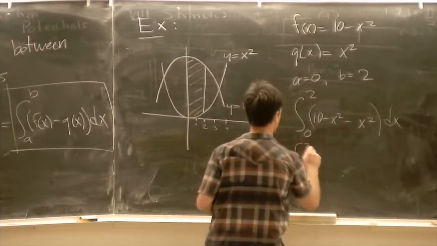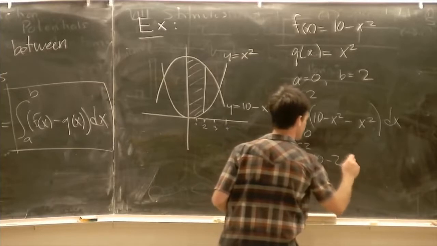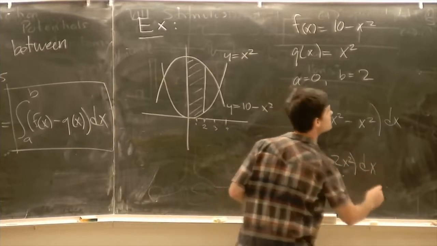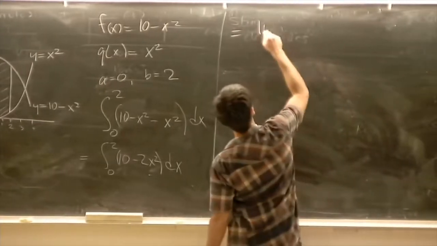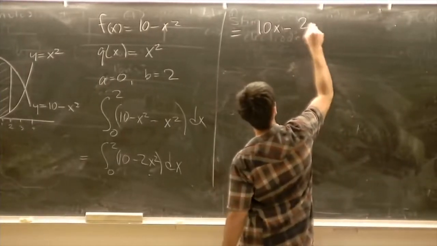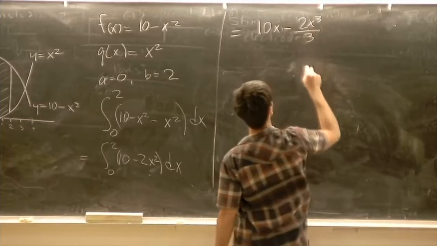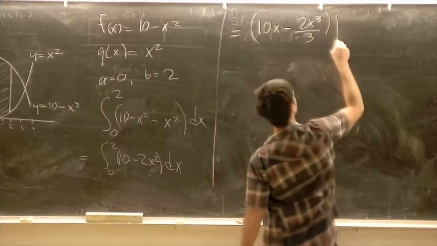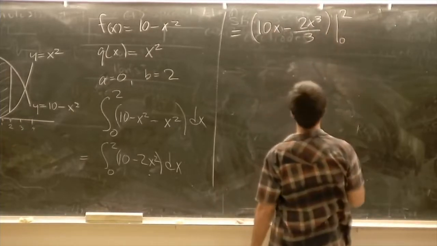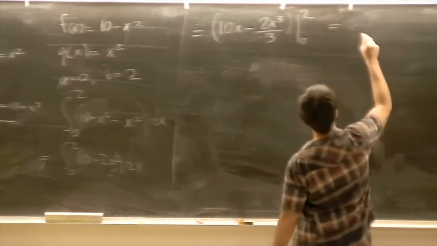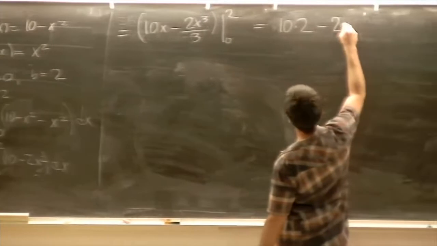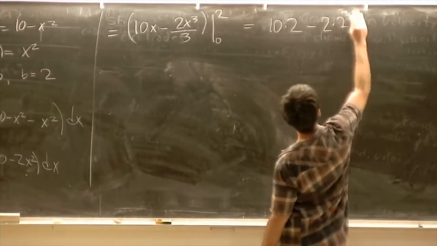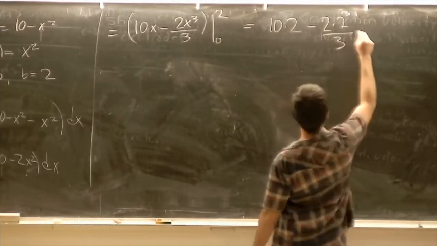So that's the integral from 0 to 2 of 10 minus 2x squared, which is equal to 10x minus 2x cubed over 3, from 0 to 2, which is equal to 10 times 2 minus 2 times 2 cubed over 3.